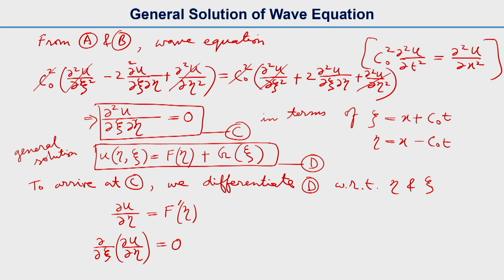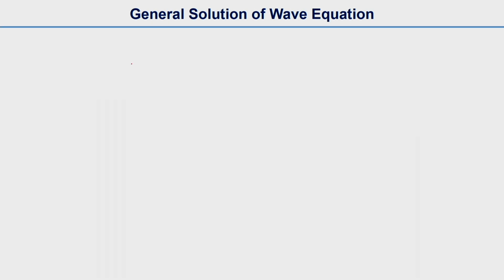Oh sorry, I made a mistake here. This c naught square should be on the right hand side, as you must have noticed.